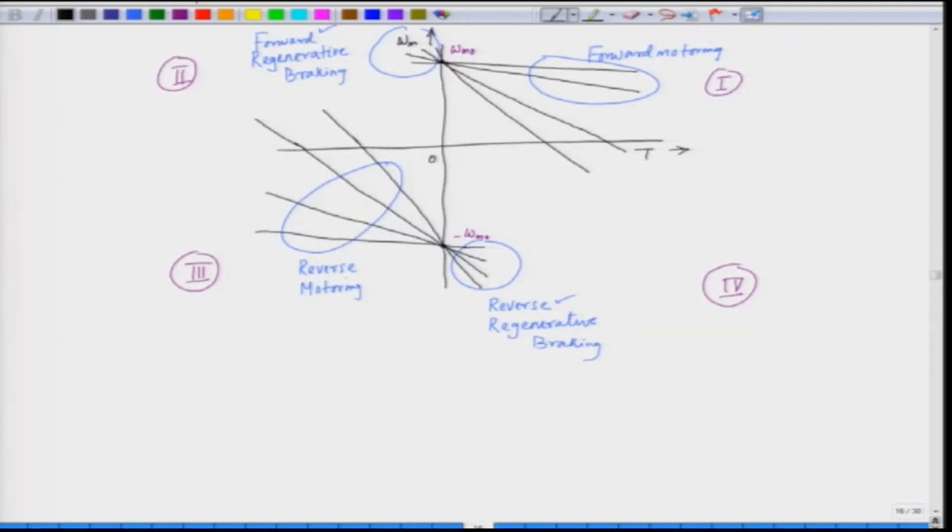So, this is plugging, but this part is called forward plugging. This lies in the second quadrant. It means the speed is positive, hence we call this forward plugging. This part of the characteristic for which the speed is negative, we call reverse plugging.